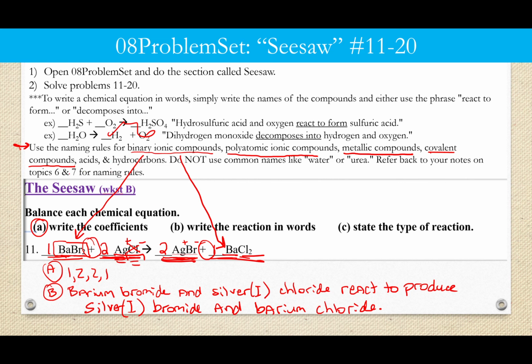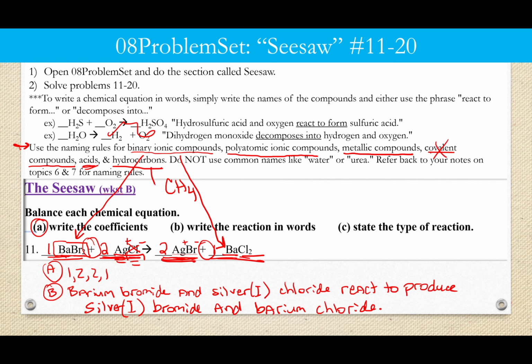Do not use mono for the first name in the compound. Watch out for acids. They begin with H for hydrogen, and you'll use your acid naming rules rather than the covalent naming rules. Same with hydrocarbons. For example, CH4, know that is a hydrocarbon, so you don't write carbon tetrahydride.